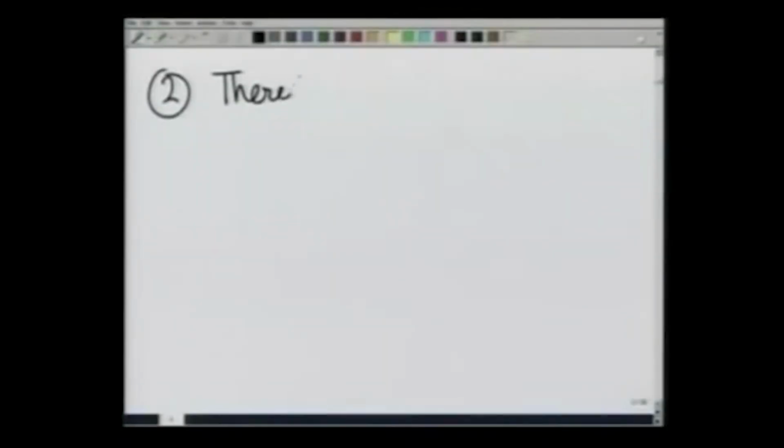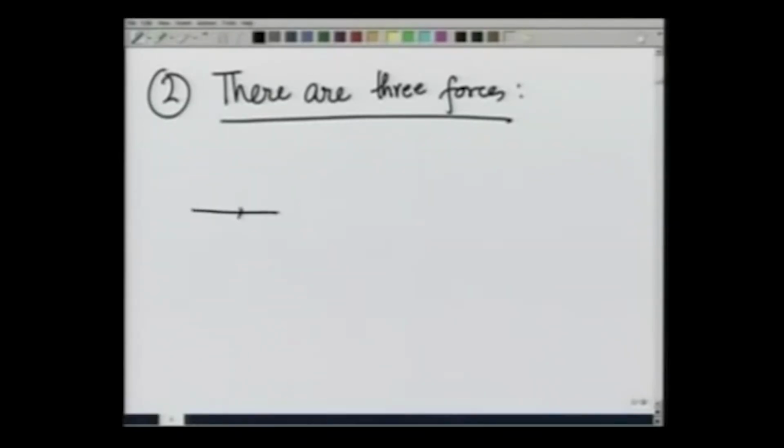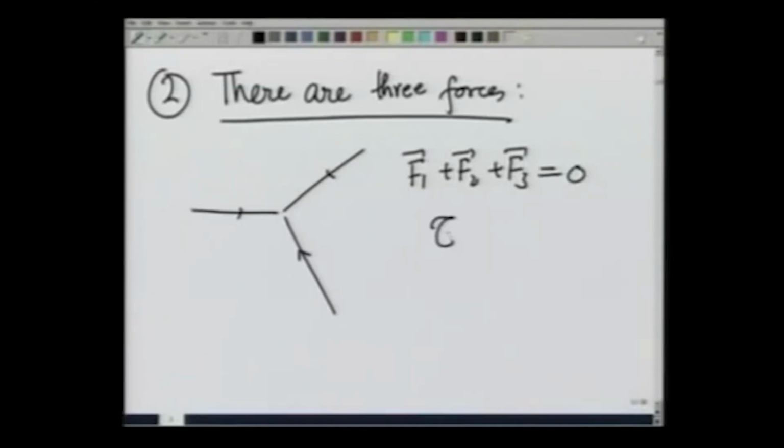Next, if there are three forces, in that case the forces should either meet at a particular point, so that F1 plus F2 plus F3 not only is 0, the torque due to the three forces is also 0.